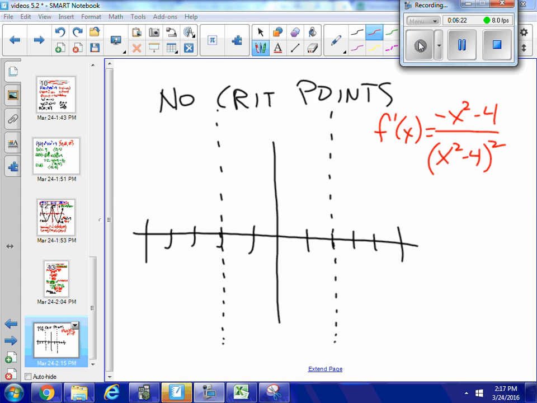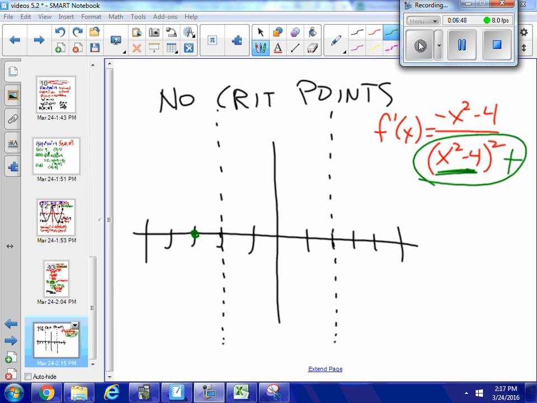Whatever value I have for x, I can see pretty clearly that my denominator here is going to be positive. Because whether I get a positive number or a negative number inside this parentheses, I'm squaring it, which means it's going to be a positive number. So really what I'm concerned about is whether the point that I choose is going to make my numerator positive or negative.